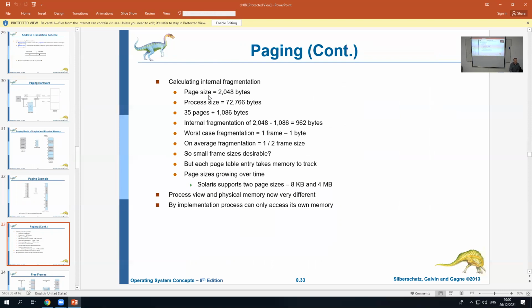Okay, so let's go to this example in math here. Each page size is 2048. The process size is 72,768 bytes, some number. How are we going to figure out how many pages we're going to have? Simple math. We divide. If the total size is this, and we know that the page size is this, how many pieces of notes do we have?